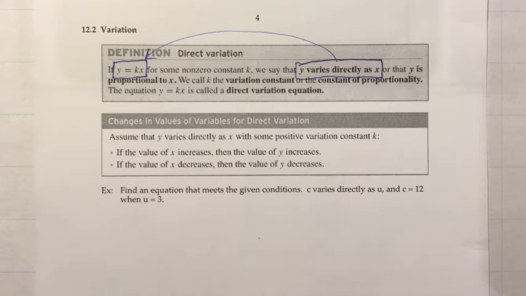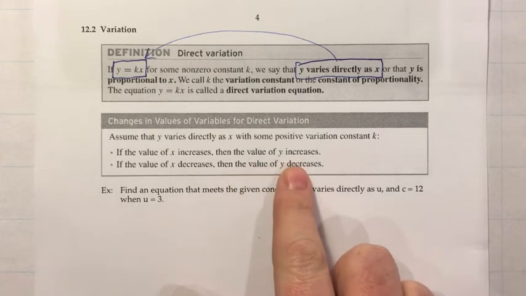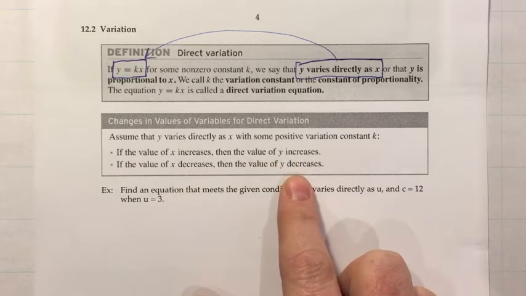So then what does it mean for things to vary directly? This next box tries to get at that idea. What are the changes in the values of the variable for direct variation? Assume that y varies directly as x with some positive variation constant k. Then if the value of x increases, then the value of y also increases, and if the value of x decreases, then the value of y will decrease.